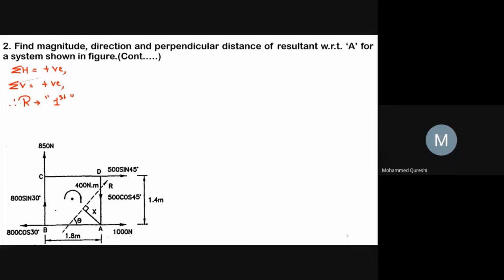So in the previous example, we had considered that let capital R, that is our resultant, this resultant is at a perpendicular distance x from point A, as we had to find the perpendicular distance with respect to point A, and our resultant lies in first quadrant. Hence in first quadrant our resultant will go in this direction.